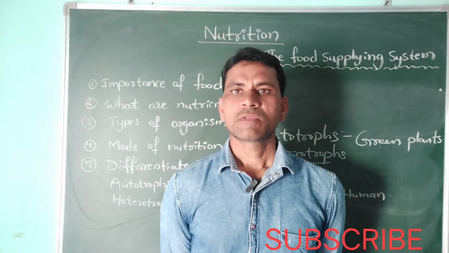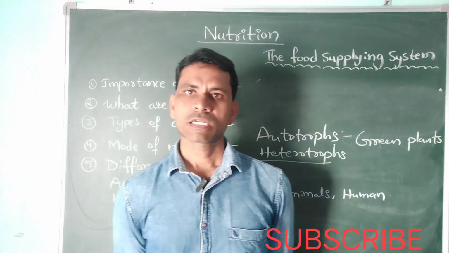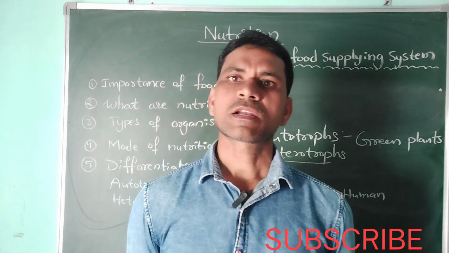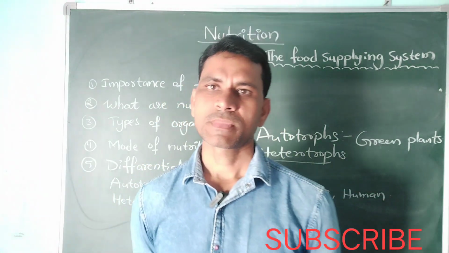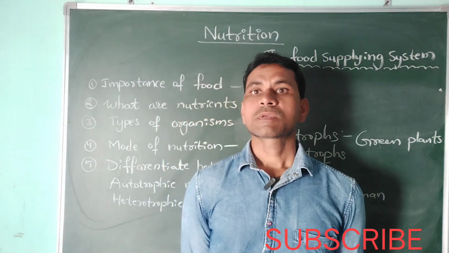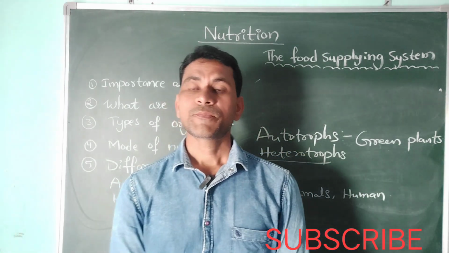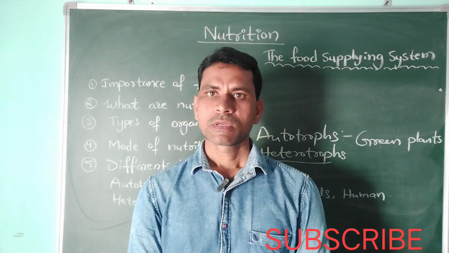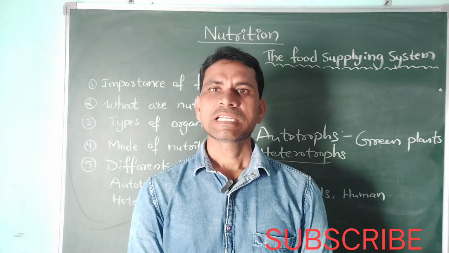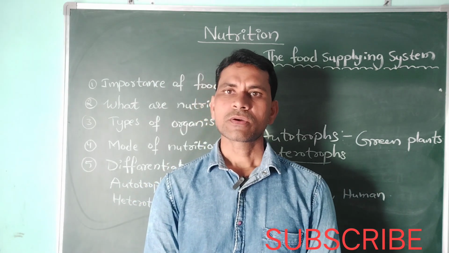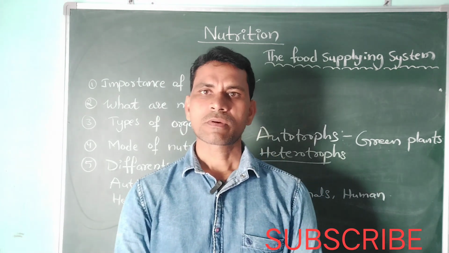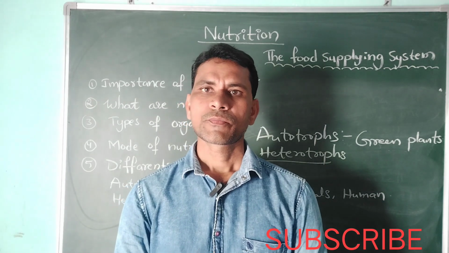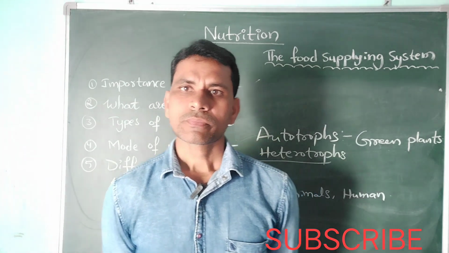Nutrients are components of the food such as carbohydrates, proteins, vitamins, minerals, roughages, water, etc. There are two types of nutrients: macro and micro. Macro means nutrients required in large quantity, and micro means nutrients required in small quantity.